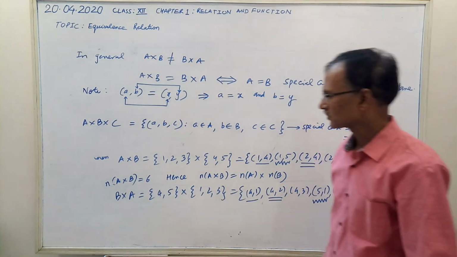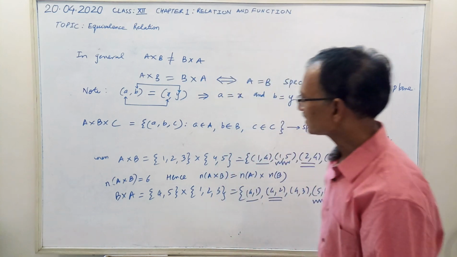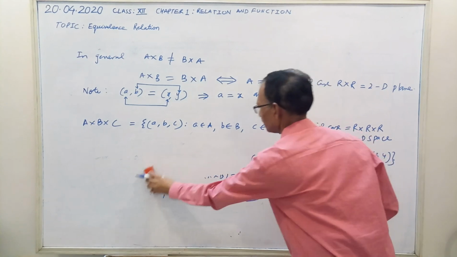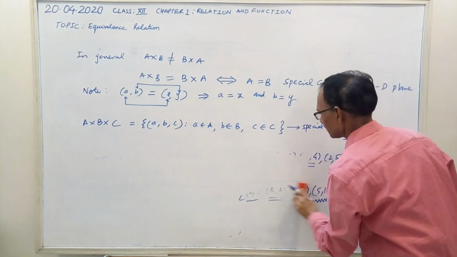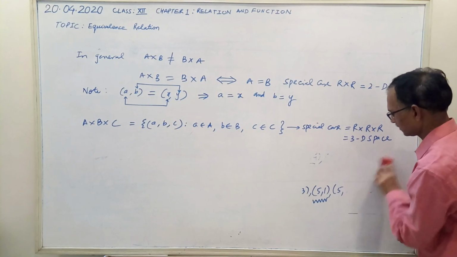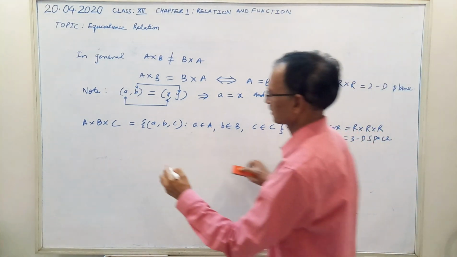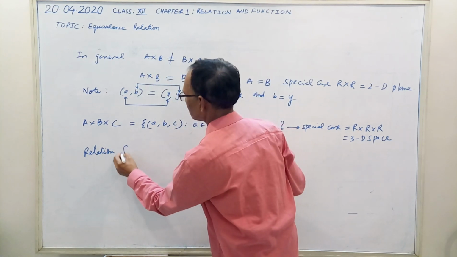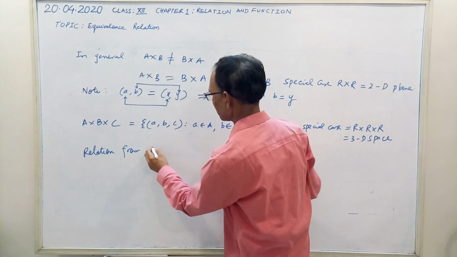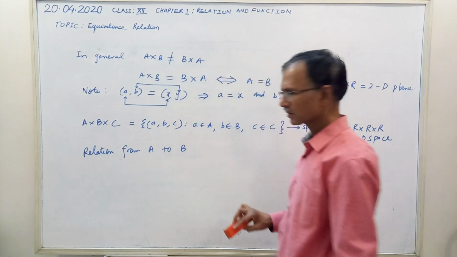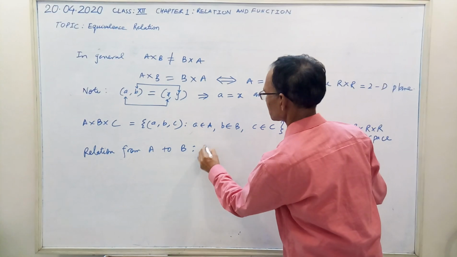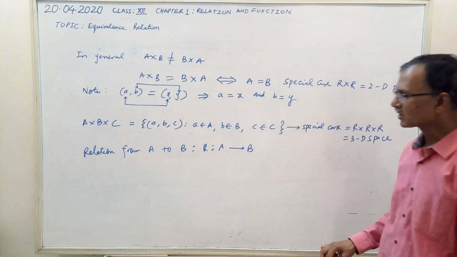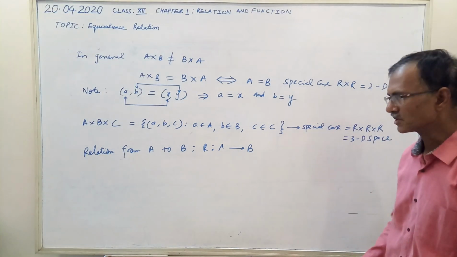So this is all you studied in 11th class, and you also studied that a special word, relation, is used from one set A to another set B, indicated as R defined from A to B. Here, what is the meaning of relation from set A to set B?